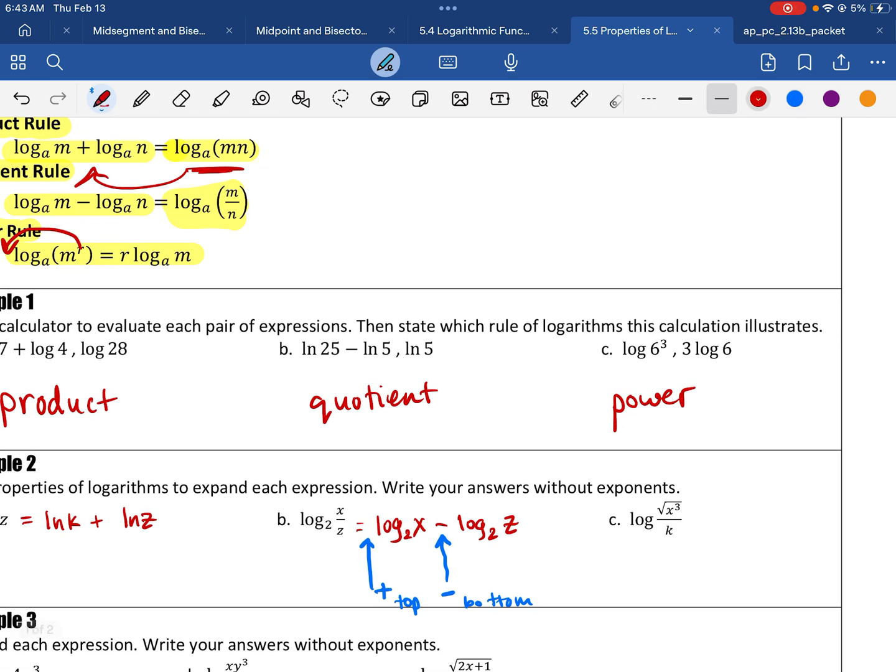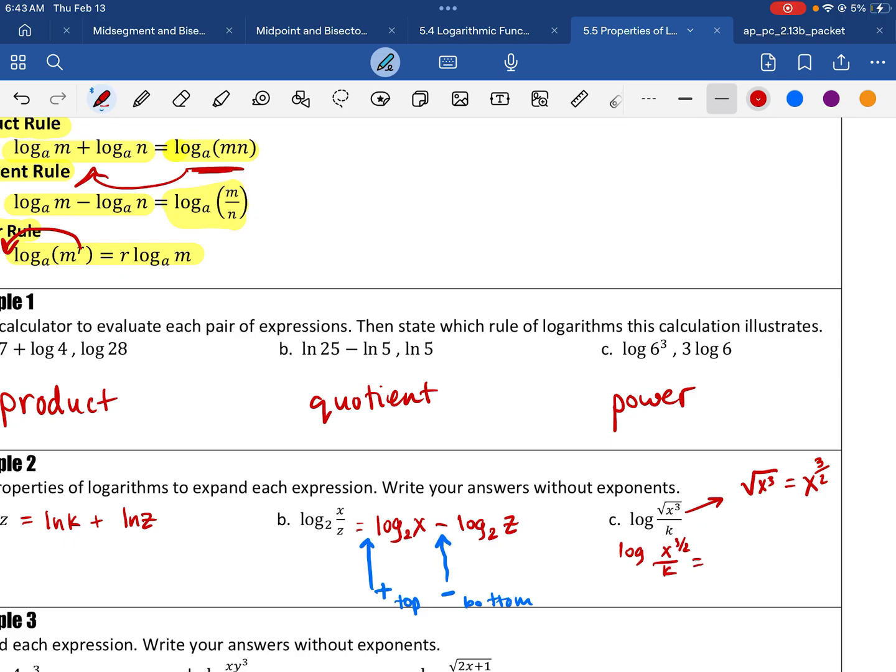Okay, this one's got this guy, so let's rewrite him. The square root of x cubed can be written as x to a fractional power. The 3 goes on top. The square root is a 2, so the 2 goes on bottom. So it's x to the 3/2. So log of x to the 3/2 over k.